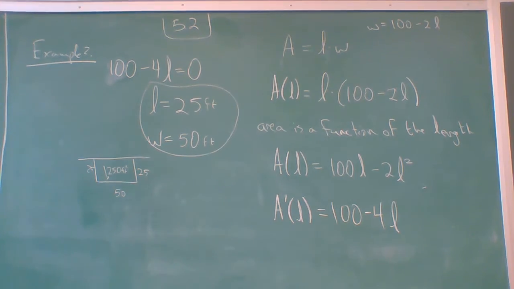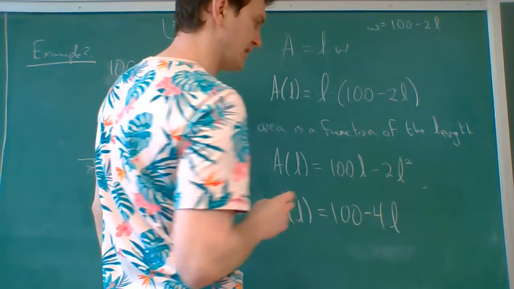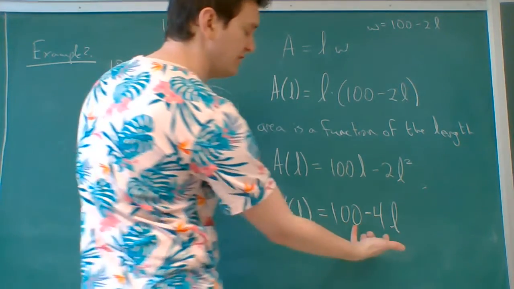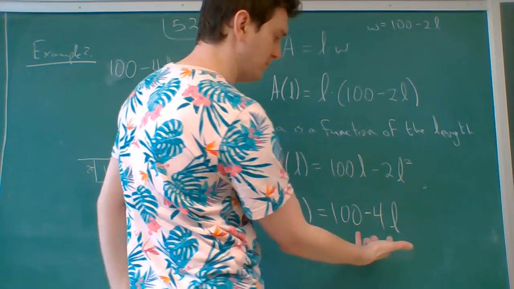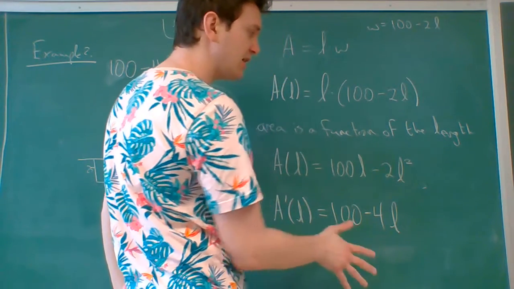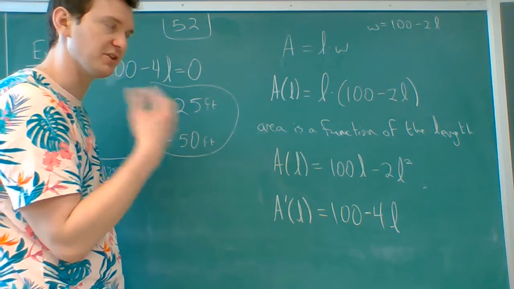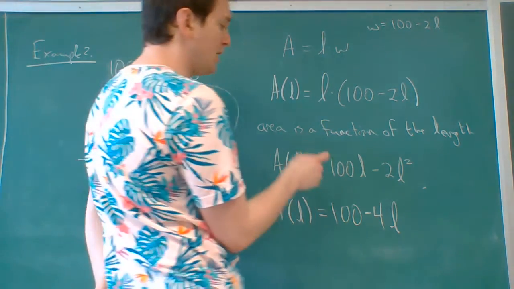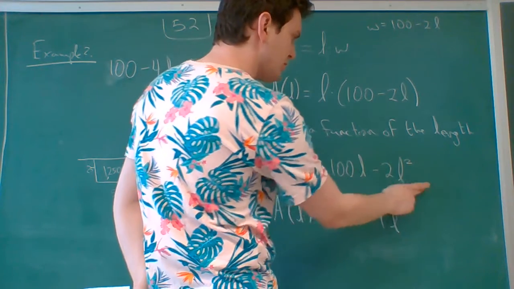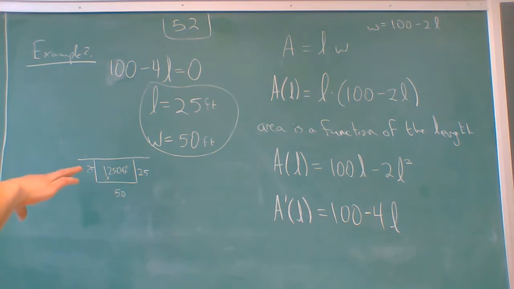Something I didn't look at here is, do I have any endpoints for my function that I was trying to maximize? Or do I have any spots in the derivative where the derivative is zero, or where the derivative is undefined? I don't have any undefined spots. I'm only going to have undefined spots if I'm dividing by my input variable. That's not the only way, but that's usually the way. Here, do I have any endpoints to worry about? Is there a lower bound on what L can be and an upper bound on what L can be?